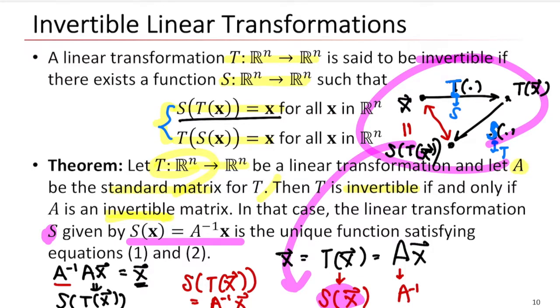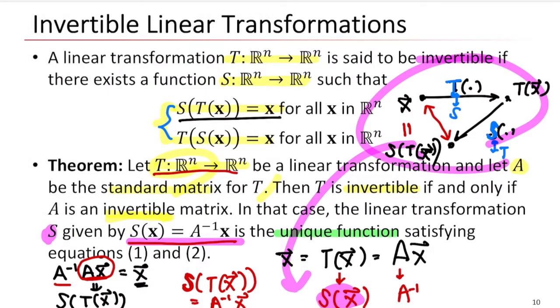So this transformation S is the inverse transformation of the transformation T. Then how can I represent this? Transformation T(X) is AX, so it means that S(X) is the inverse of matrix A times X. This is the inverse transformation. S(X) is equal to A inverse X, and this is the unique function.